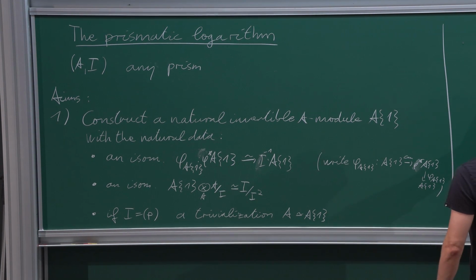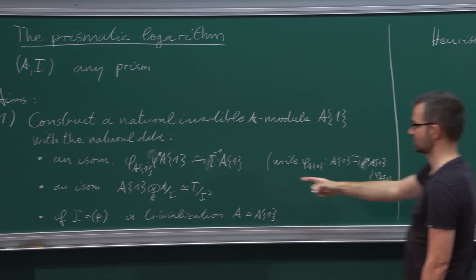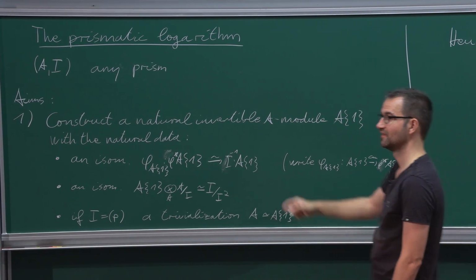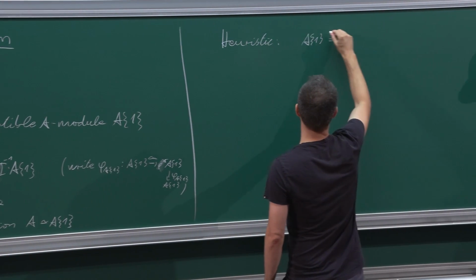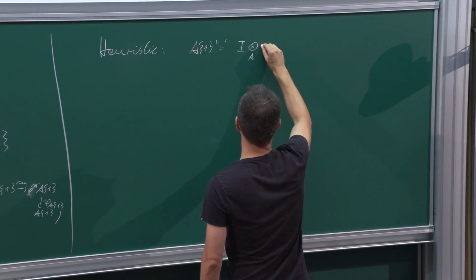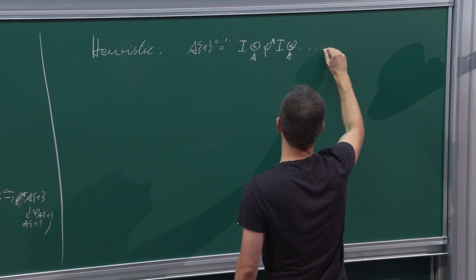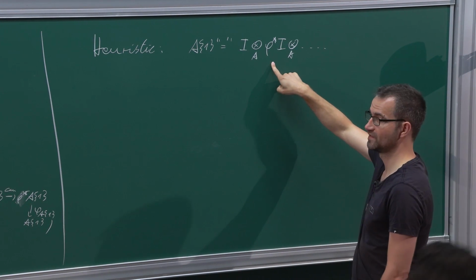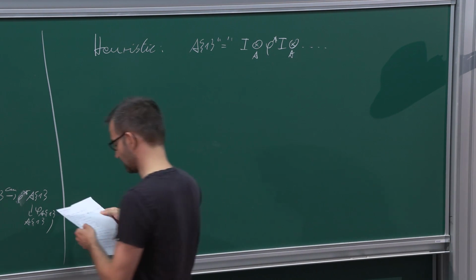And so heuristically, this property forces that one would like to realize the Breuil-Kisin twist as the infinite tensor product of I with a Frobenius translate of it and so on. Of course, one has to make sense of such a thing.